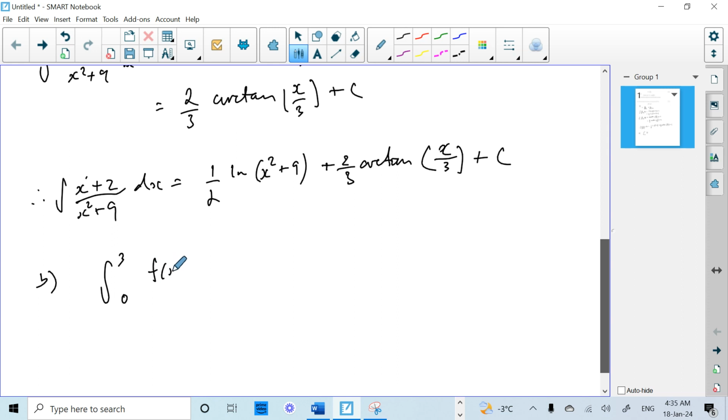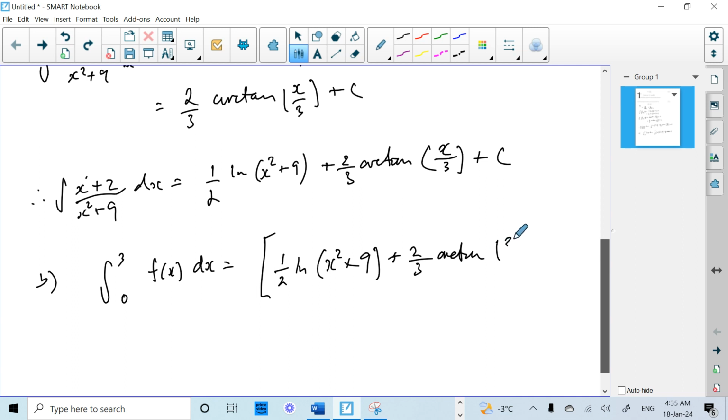So the integral of the function of x dx is equal to, and we're going to put in a half log of x squared plus 9, and of course plus 2/3 arctan of x over 3, and we don't need to worry about the plus c.